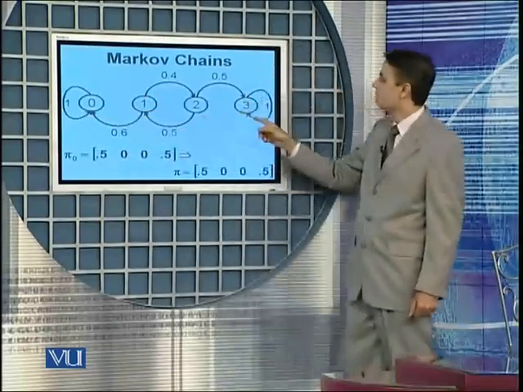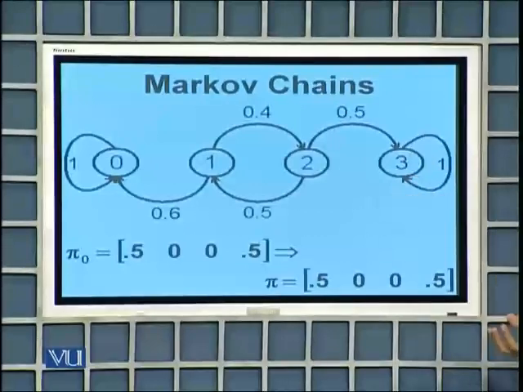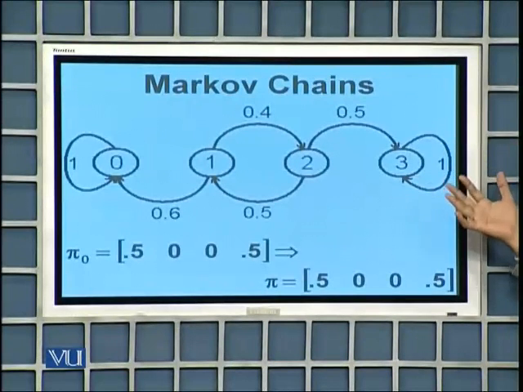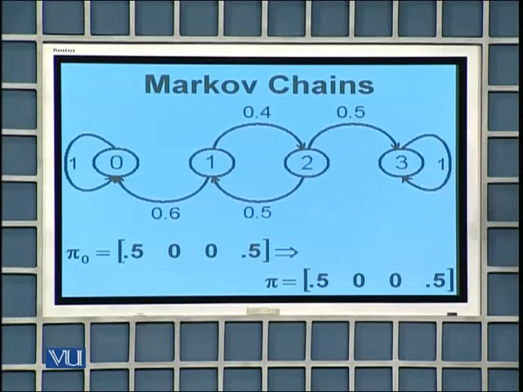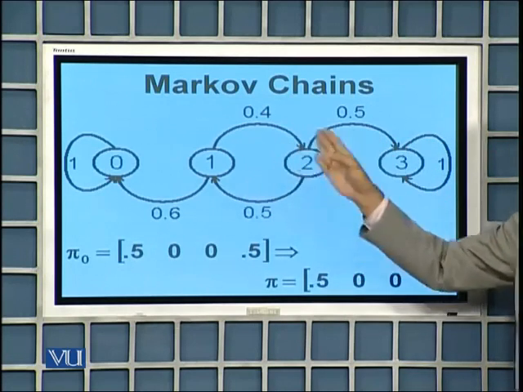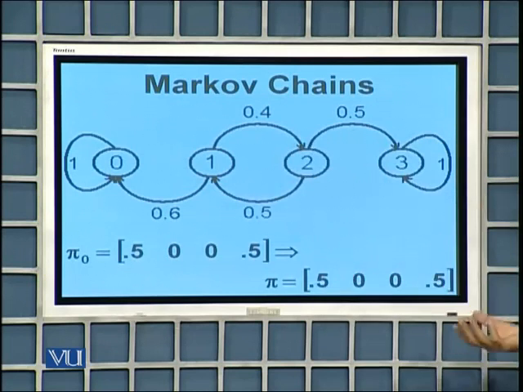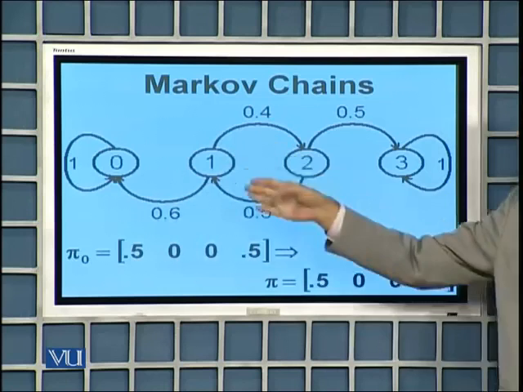And if we start in state 3 with probability of 0.5, we'll remain here, and the probability of getting observed in this state is the same as the probability of starting in this state. So if the starting probability distribution is 0.5, 0, 0, 0.5, the stationary probability distribution is also the same, 0.5, 0, 0, 0.5.